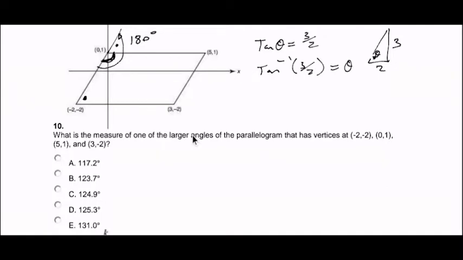And that angle will be 56.3 degrees. So that's the acute angle down here. We're going to get the obtuse angle. So 180 minus theta is equal to 123.7 degrees. So that's going to be answer B.